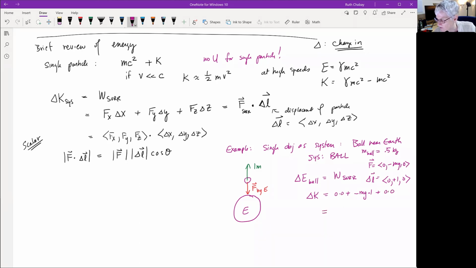If we plug in numbers, we get minus 0.5 kilograms times g, 9.8, but for our purposes we'll call it 10 newtons per kilogram, times 1 meter. So we get a change in kinetic energy of minus 5 joules, and that makes sense because the ball slows down when it's going up. Okay, so the Earth did negative work on the ball because the force was opposite to the displacement, and so the ball slowed down.